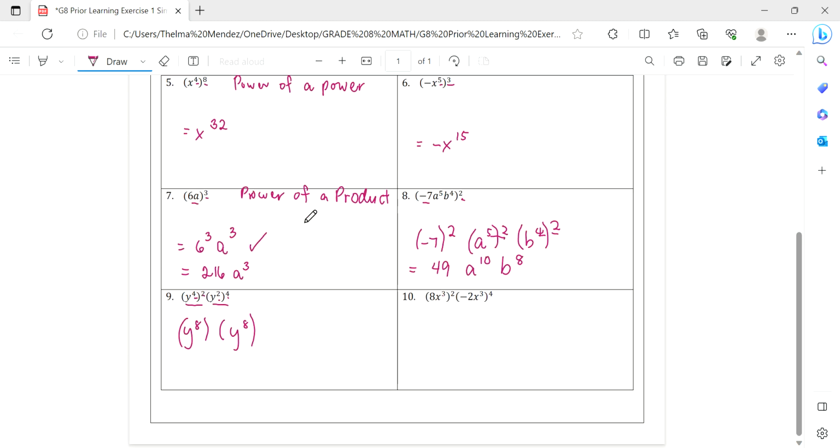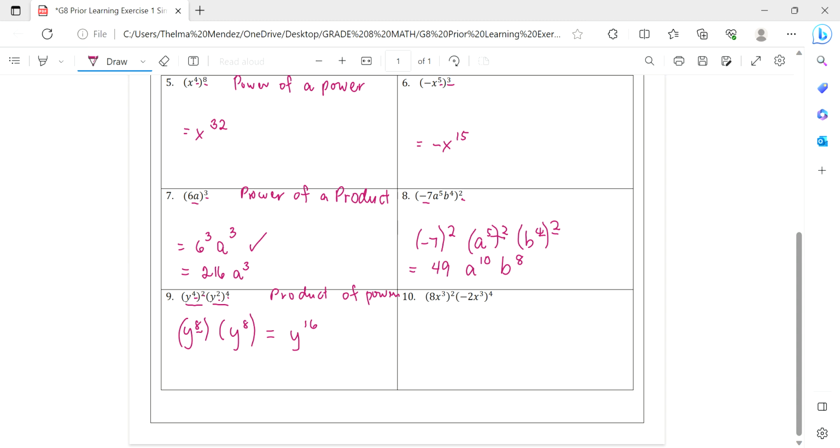So this is the product of powers. So we copy the same base, and since we are multiplying numbers with the same base, how many y's do we have? So we have y raised to 8, that means y, 8 of that, and then y raised to 8 is again y, 8 of that, so you will have 16, okay, y to the 16.